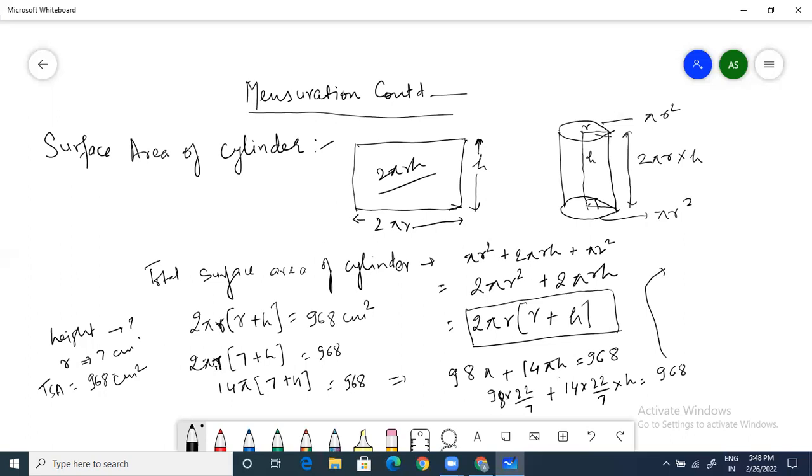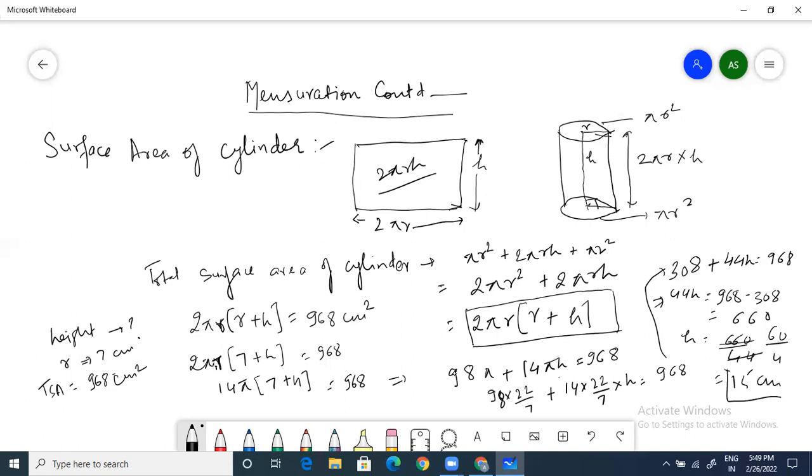If I cancel this, for example, 98 into 22 by 7 gives 308, plus 44h is equal to 968. So 44h equals 660. We already know how to solve equations, so I'm not talking about those parts because this is something known to us. We have learned that already. And h is equal to 660 upon 44, which is 15 centimeter. Is it making sense to you?